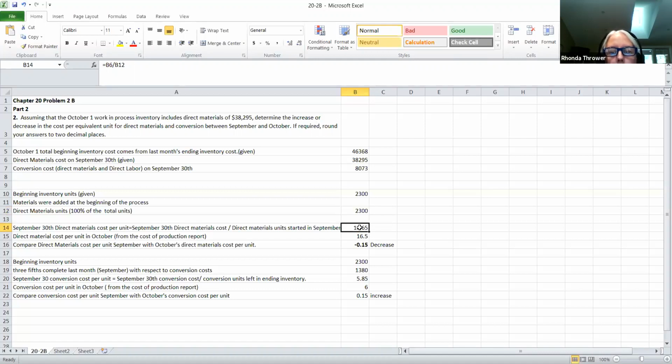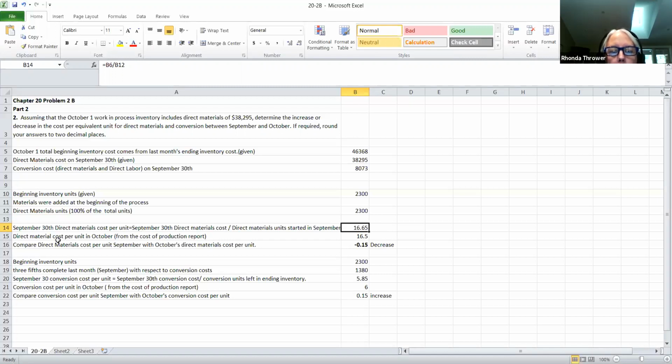So in other words, 38,295 is divided by 2,300 units of direct materials to get the direct materials cost per unit last period. And that was $16.65.